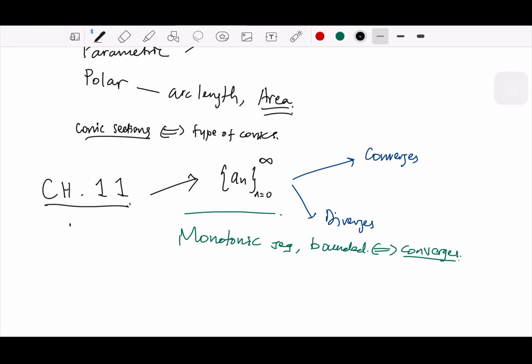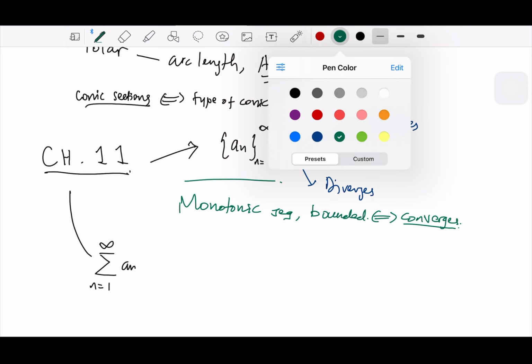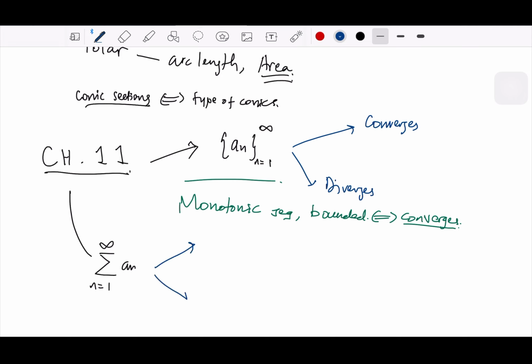And then we learn about series. We also learn when the series converges and when the series diverges.